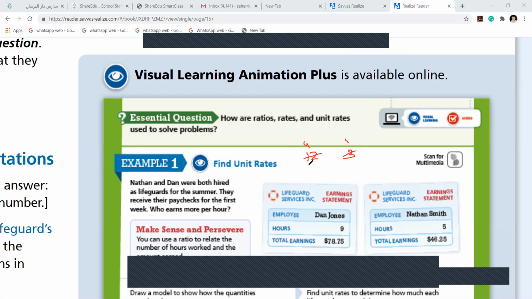Sometimes they also say you can divide by the same number. I will divide 12 over 3 and 3 over 3, so I get 4 and I get 1. So what is the ratio? 4:1. That means Judy got 4 times more than Dana. Did you understand the concept? Something at least little? Yes.